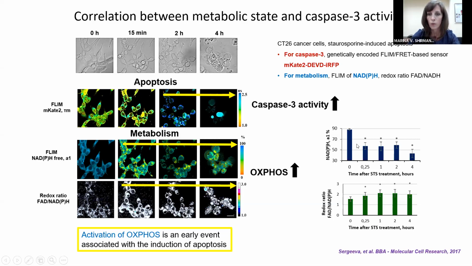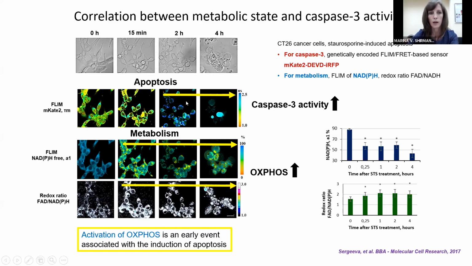So we see that the contribution from free NADH decreases with time here, and the redox ratio, FAD divided by NADH fluorescence, increases, and this data indicates that oxidative metabolism increases before apoptosis.